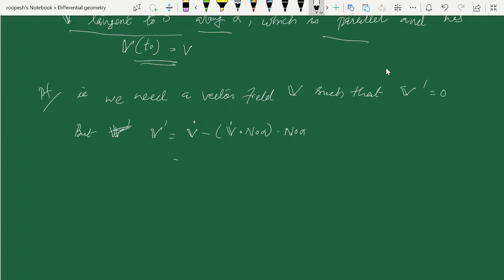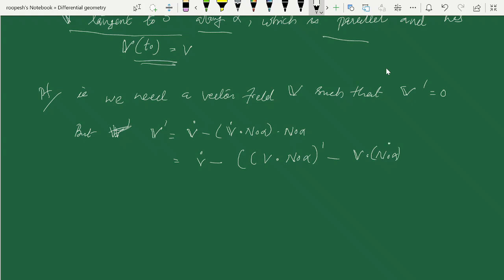Now this can be written as V dot minus ((V dot n composition alpha) dash), I am writing minus (V dot n composition alpha dot).